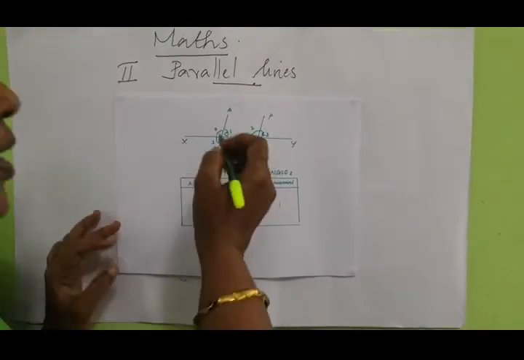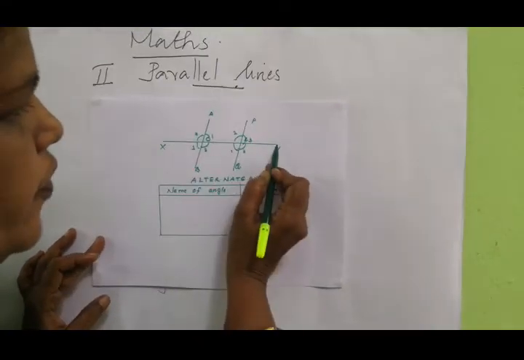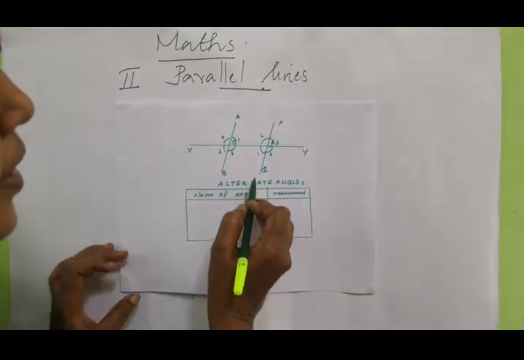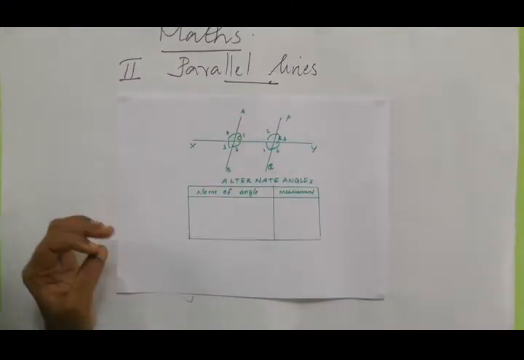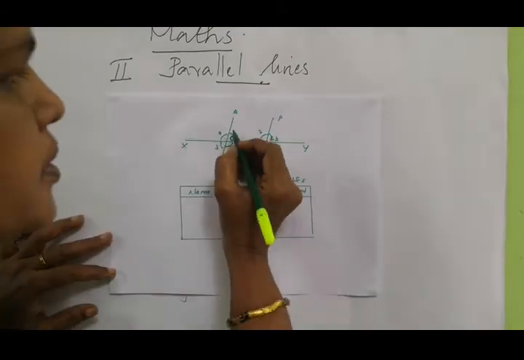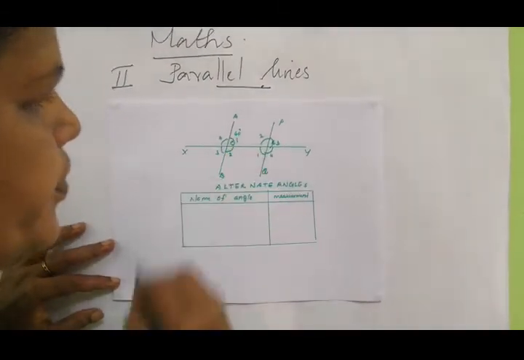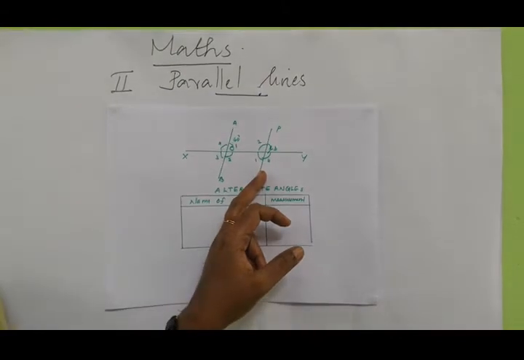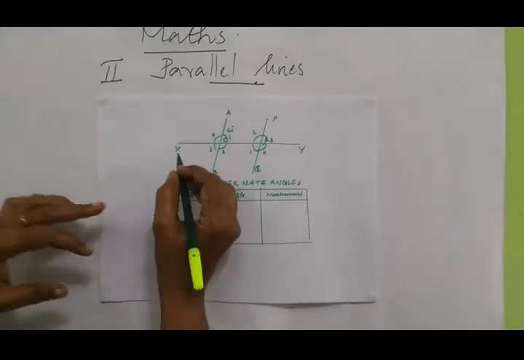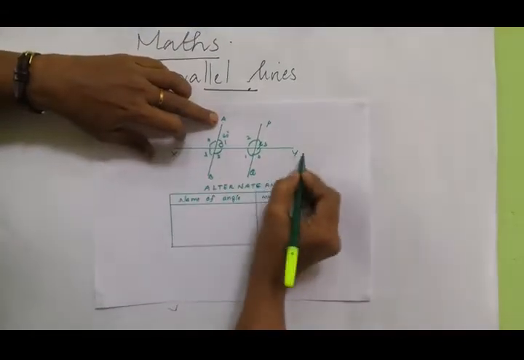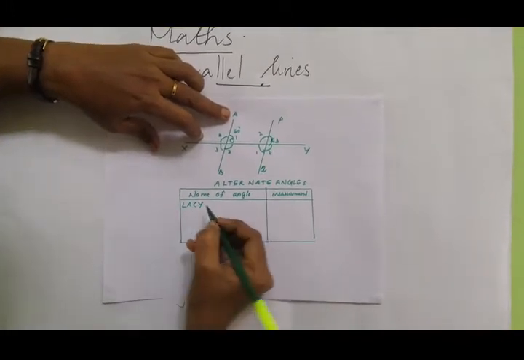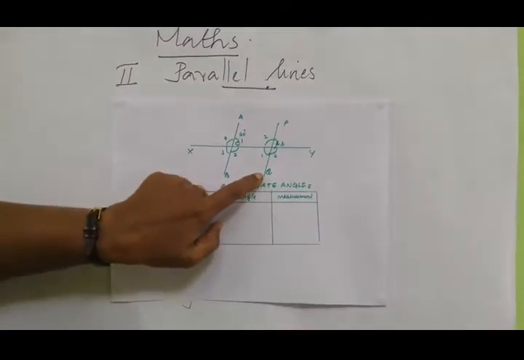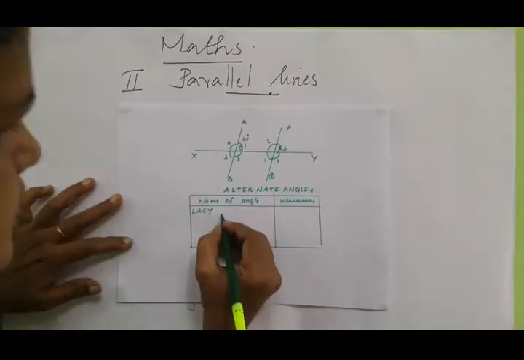Here ACY and QRX are alternate angles. That is angle ACY and angle QRX.